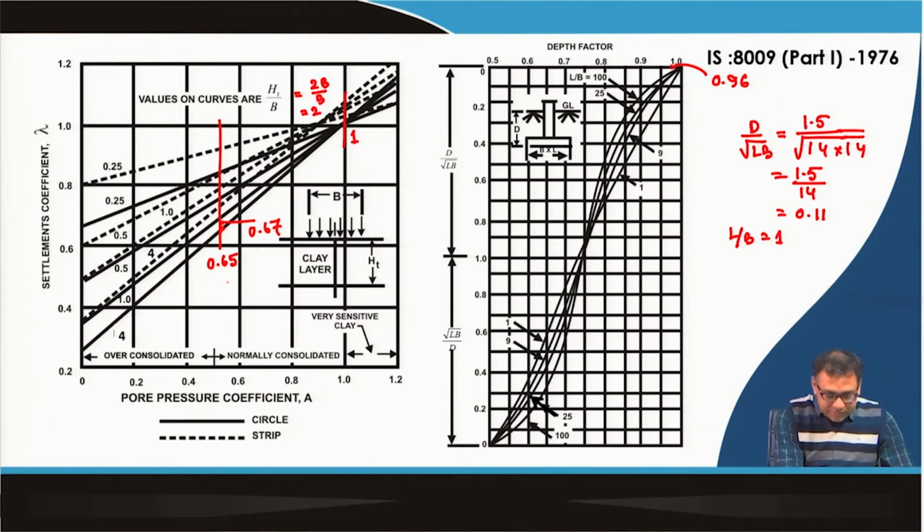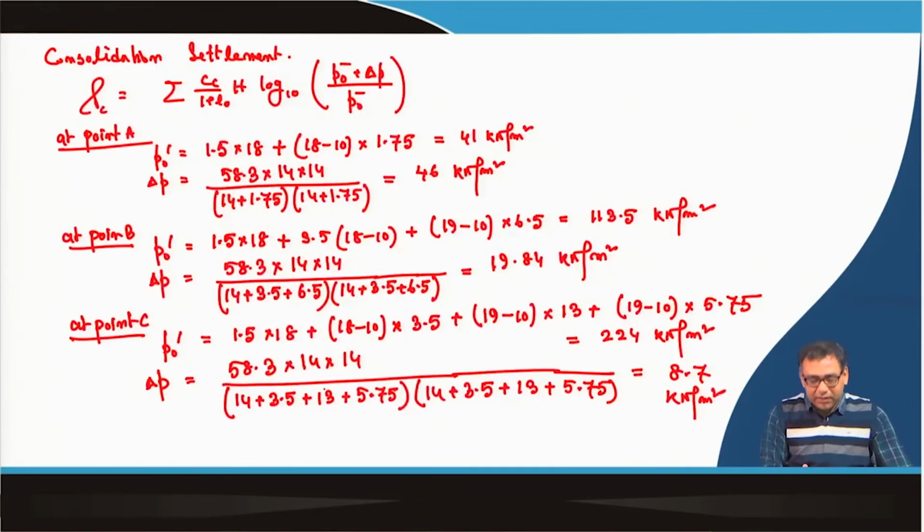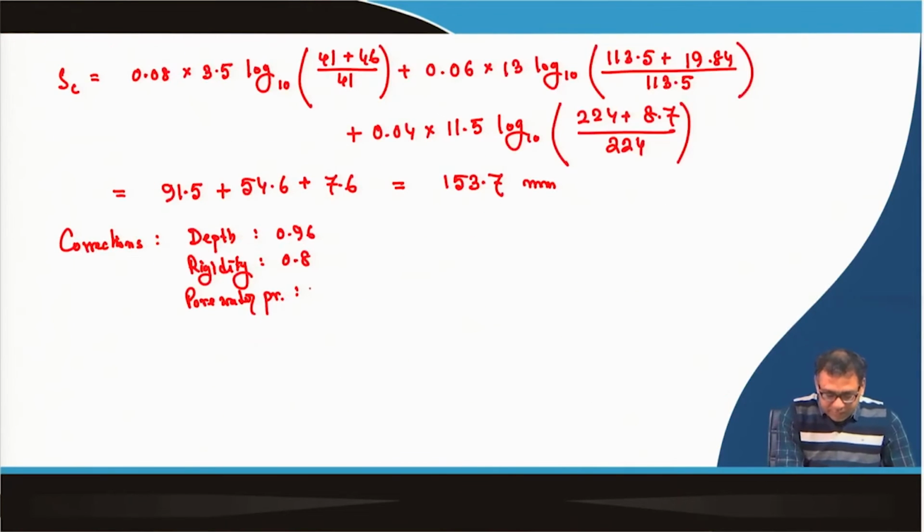So, here also you can see that for normally consolidated soil it varies from 0.65 to 1, and we are taking around 0.7, which is reasonable, but if you have this A value particularly, then you should get the actual correction factor, but here I have taken 0.7. Okay.